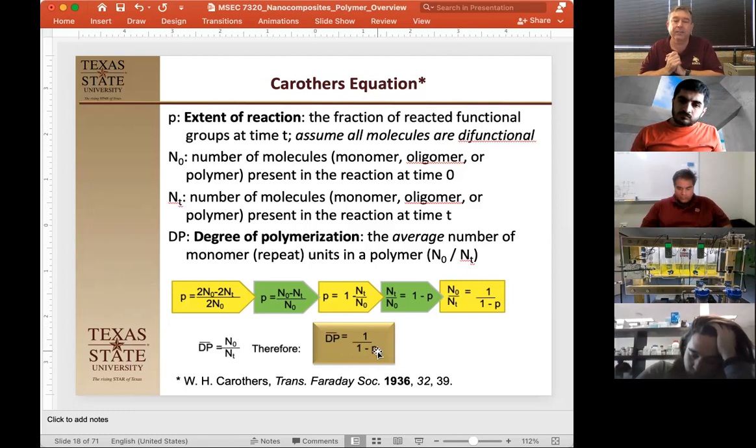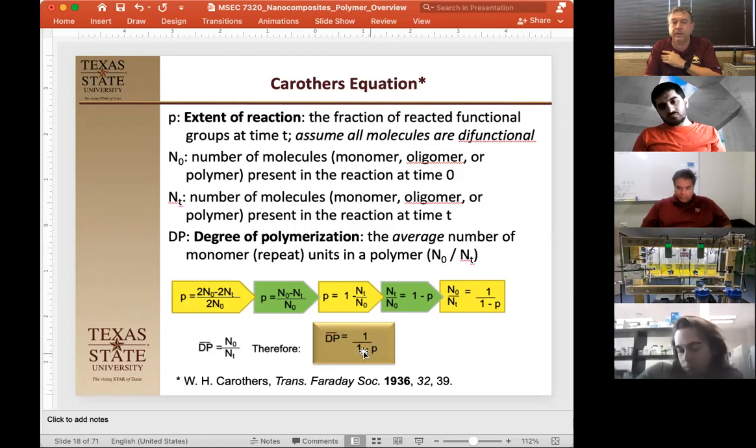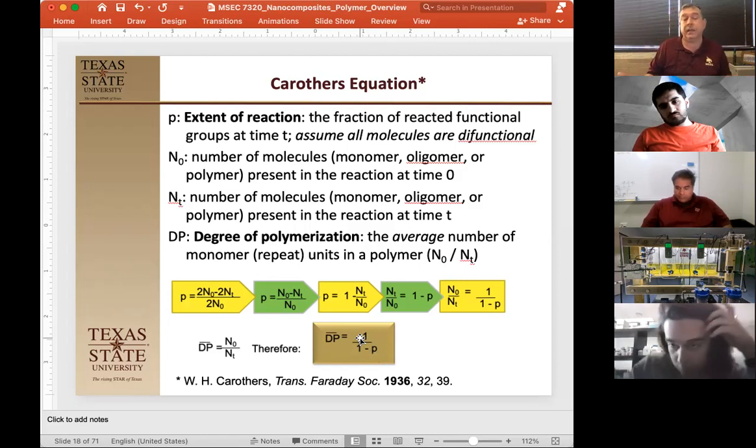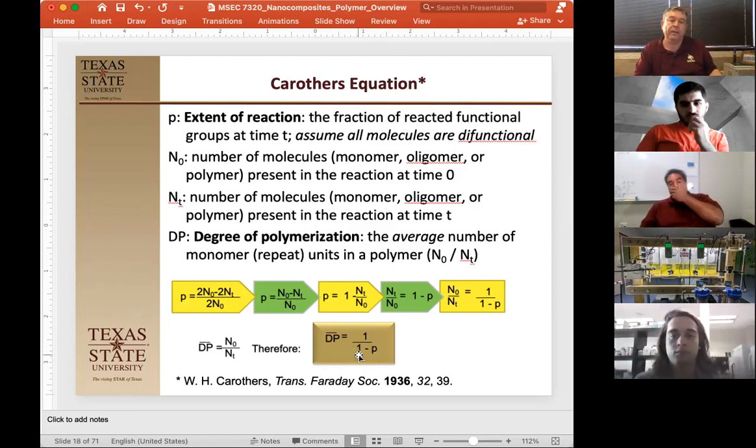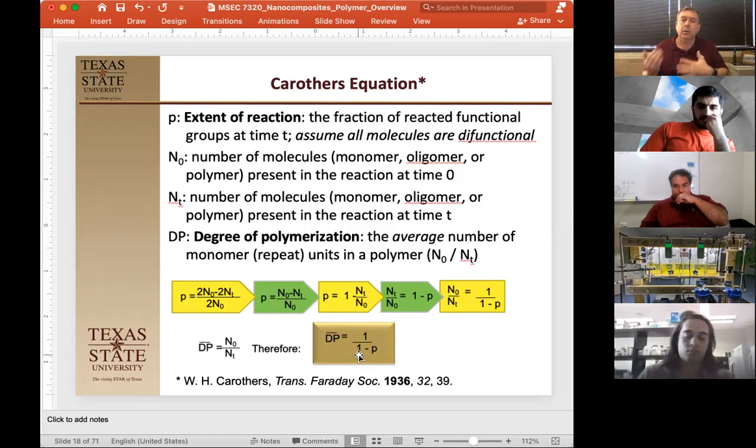So you're never going to have 100% of them react. So let's say you have 100 units that have reacted, this ratio is going to give you a number that is going to be a whole number, and it's going to be higher than 1, and that gives us our degree of polymerization.